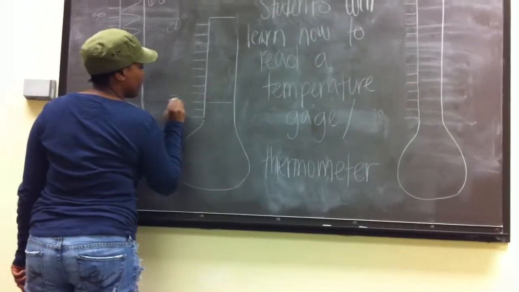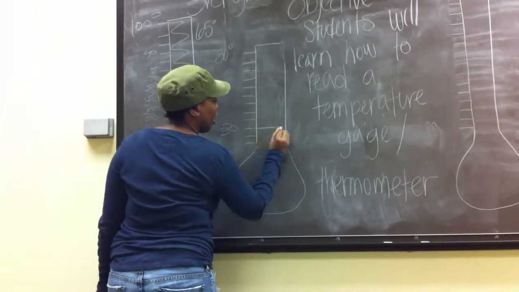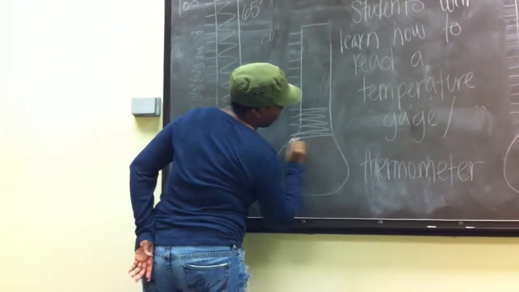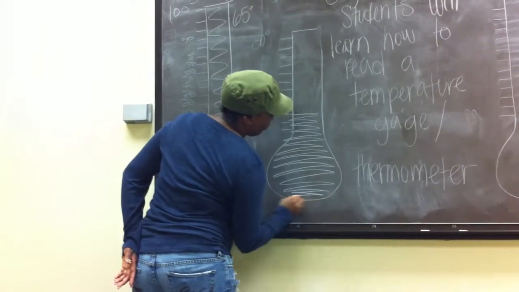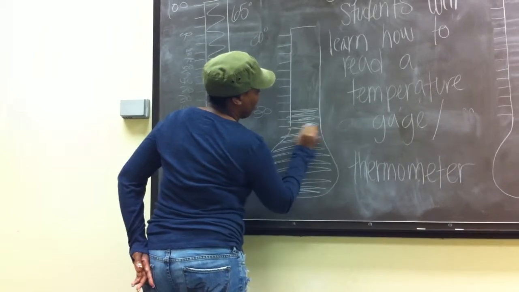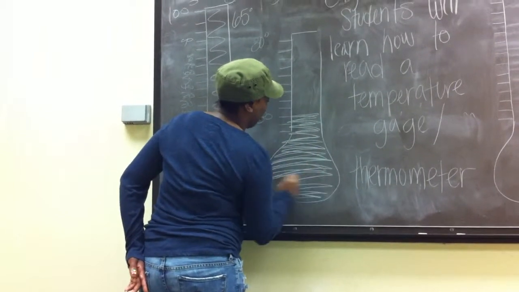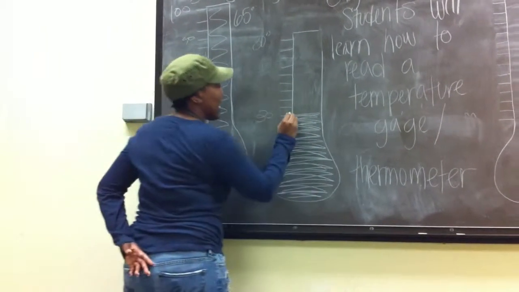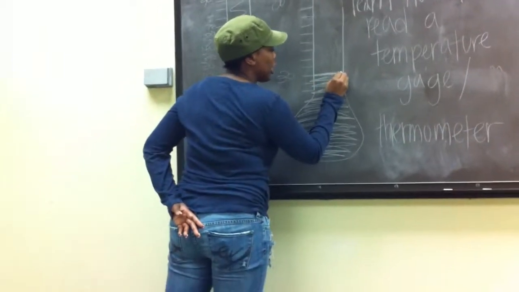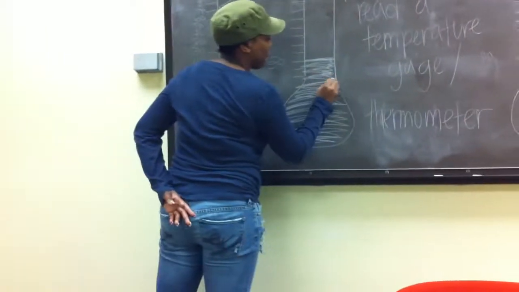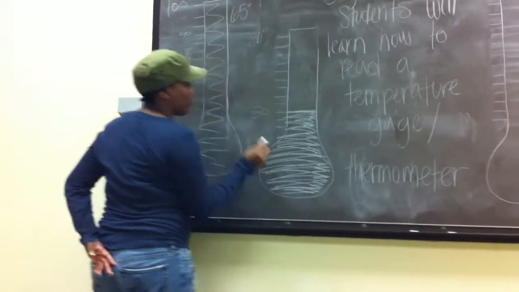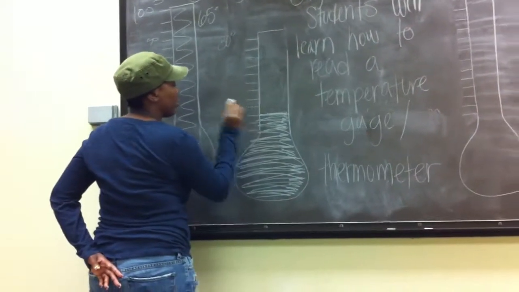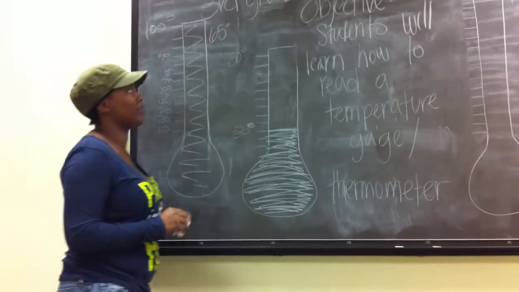This is 30. And then we're going to color all the way down. So this symbolizes that it's 30 degrees. And then we put our degree symbol.